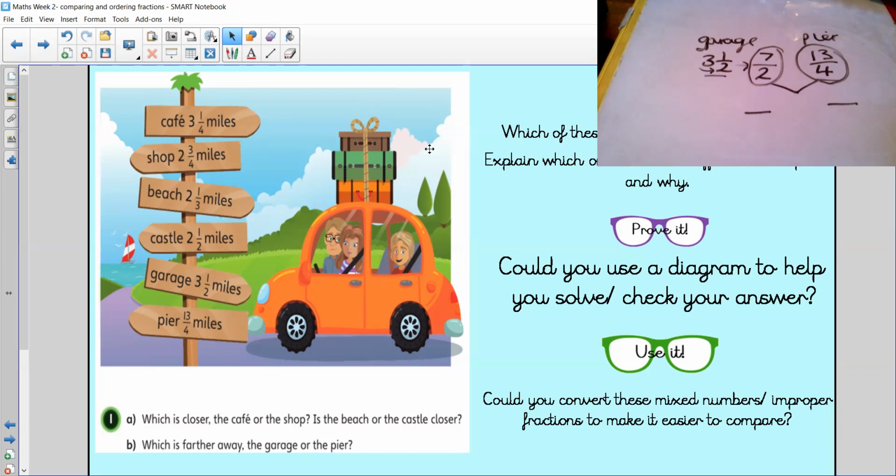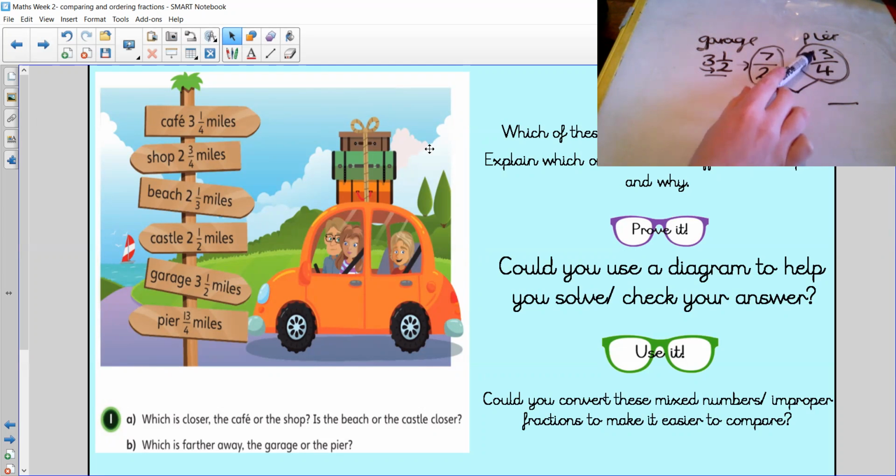We have to try and get them into the same denominators. Now, I know that the relationship between 2 and 4, that 2 is half of 4 and 4 is double 2. So I'm going to use that knowledge to help me. Now, if I wanted to put it into halves, I would have to divide 4 by 2 and divide my numerator by 2.